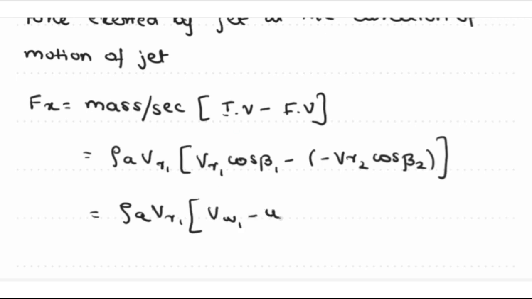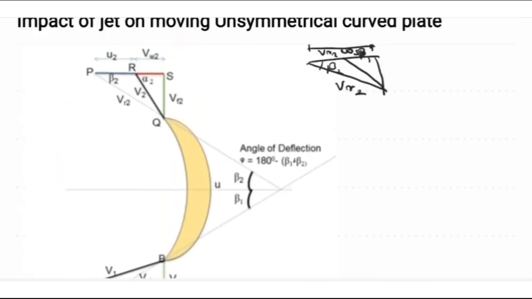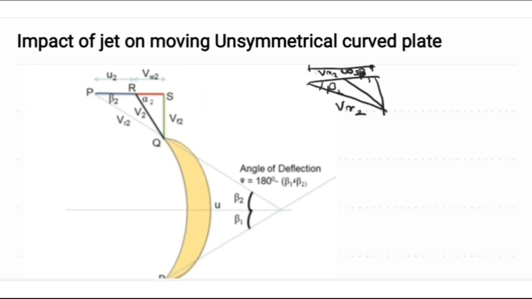Minus of minus will be plus here. Similarly, let us see what Vr2 cos beta 2 is. Vr2 cos beta 2 is from here till here, that is U2 plus Vw2.